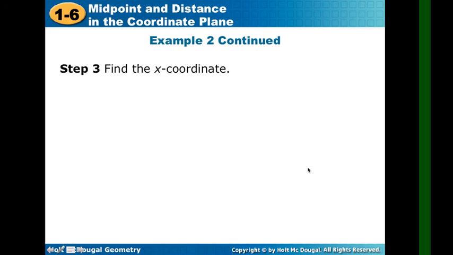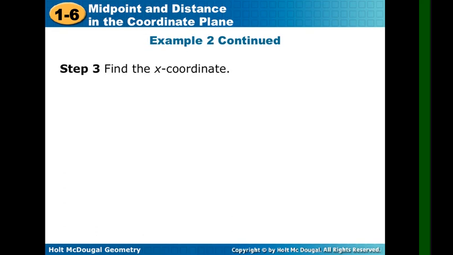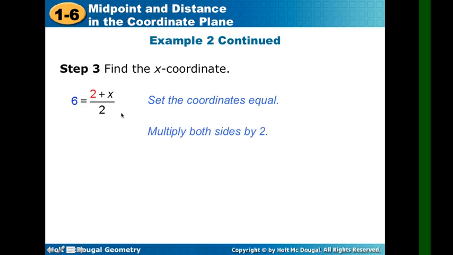Para magawa yan, i-separate natin yung ating mga value. Set the coordinates equal. Find the x coordinate muna. Multiply both sides by 2. Bakit multiply? Kasi gagawin natin cross multiplication.